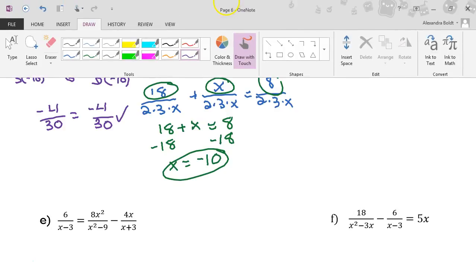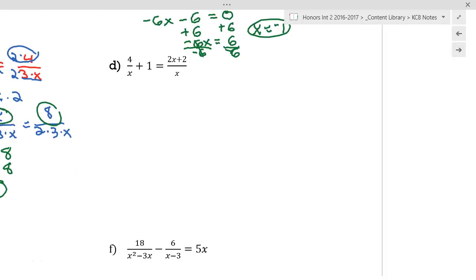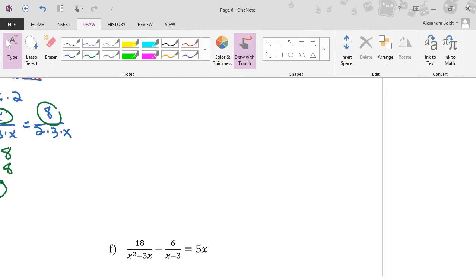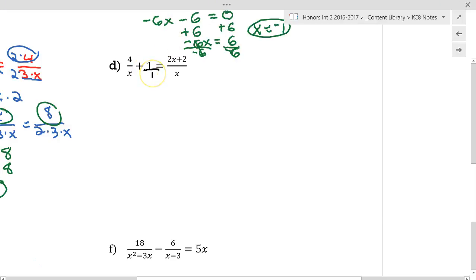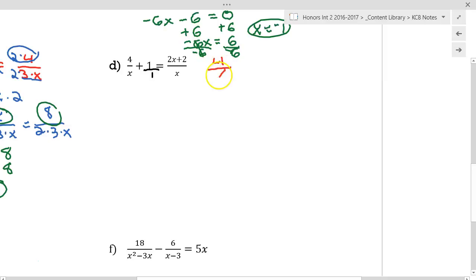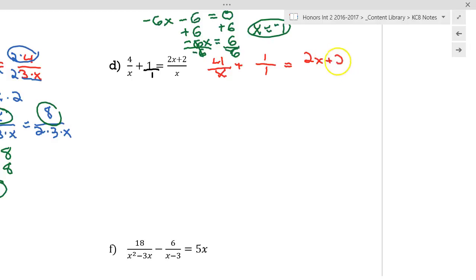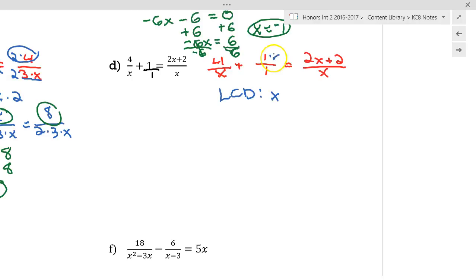All right, looking at our next problem, letter D. I have 4 over x plus 1 equals 2x plus 2 over x. And the only thing I have to remember is anytime I just have a number, it's really over 1. So it's really 1 over 1. So my least common denominator, I have 4 over x. Alright, my least common denominator here is just x. So the only thing that's missing anything is this one.